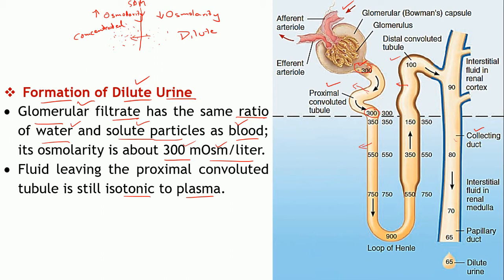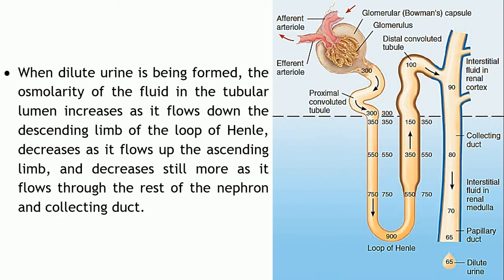We have seen that a lot of reabsorption takes place, so a lot of sodium mainly will get reabsorbed in this area. Apart from that, other substances like bicarbonate, calcium, magnesium will get reabsorbed, but a proportionate amount of water is also getting reabsorbed. That is why the osmolarity remains the same, even though it leaves the proximal convoluted tubule.